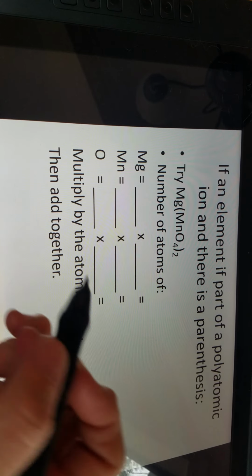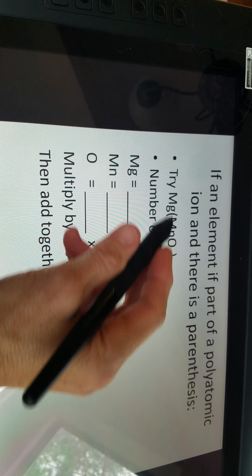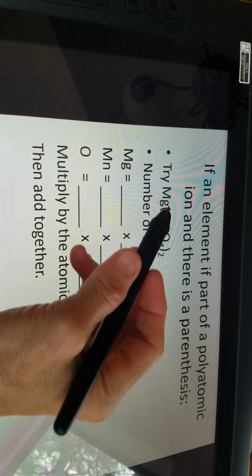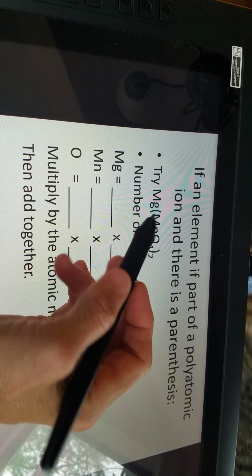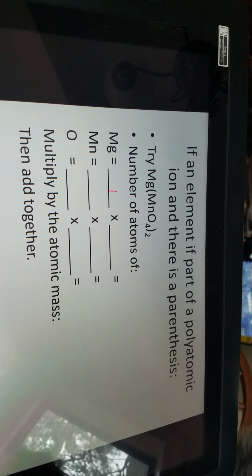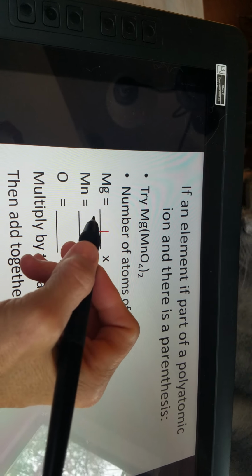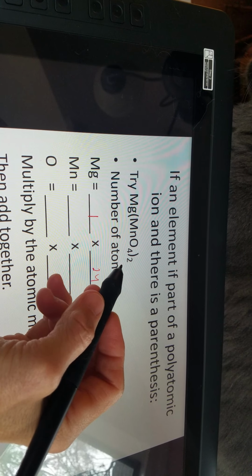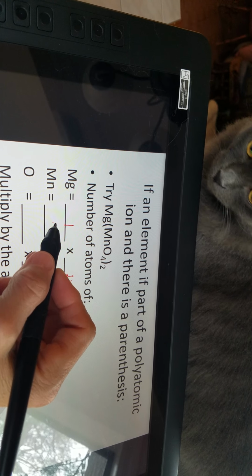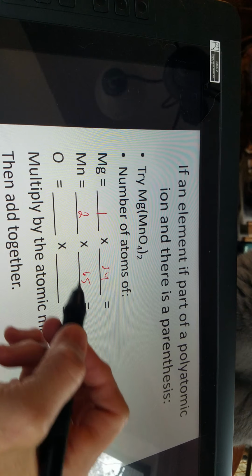So let's try this one. If you have magnesium, in this formula, how many atoms of magnesium do you have? Well, there's not any parentheses, and there's not a subscript, so that just means that I have 1 magnesium. If I look up its atomic mass, it's going to be 24. Manganese, it's in parentheses, the 2 is on the outside, there's a 1 on the inside, so that would be 2 manganese, and it's around 65.